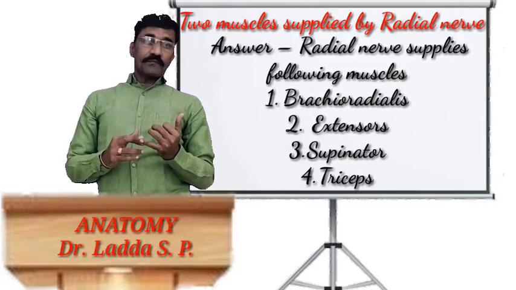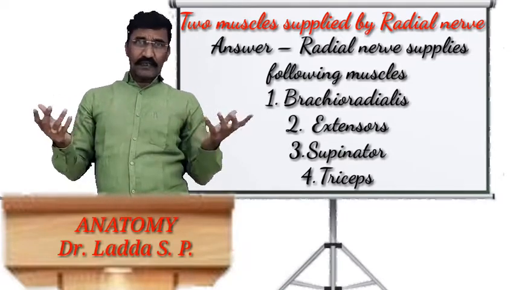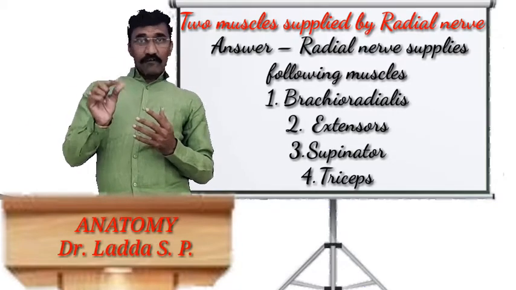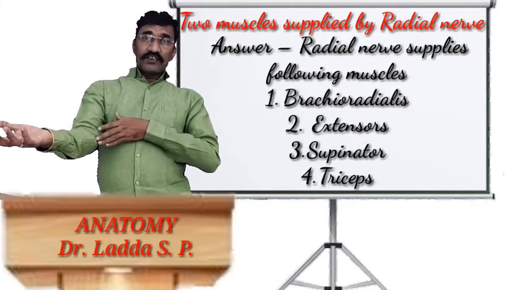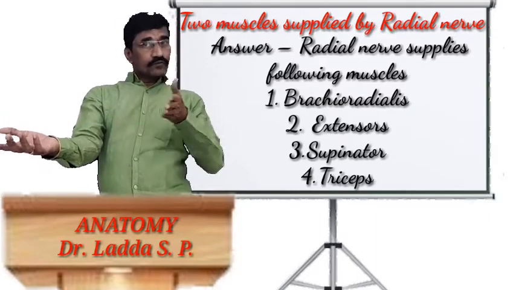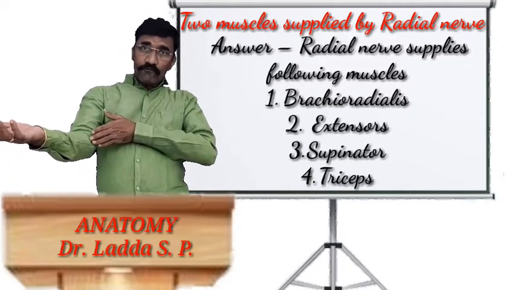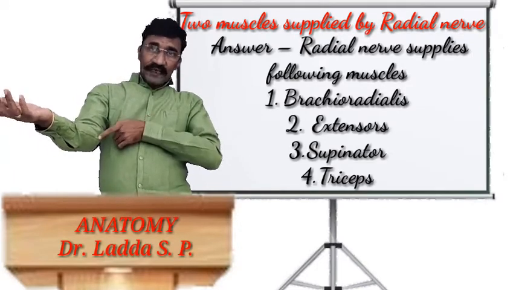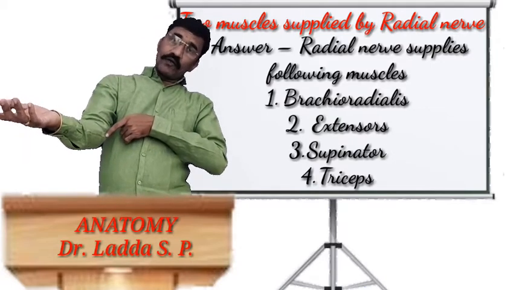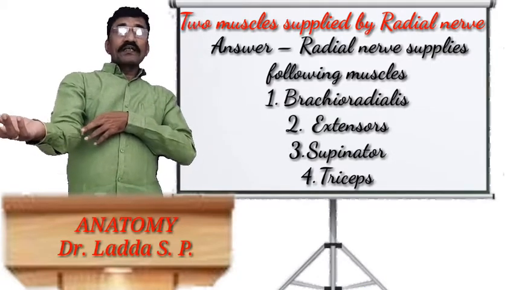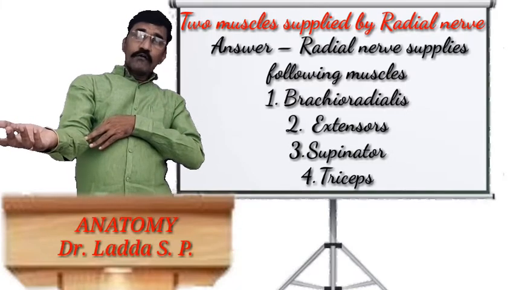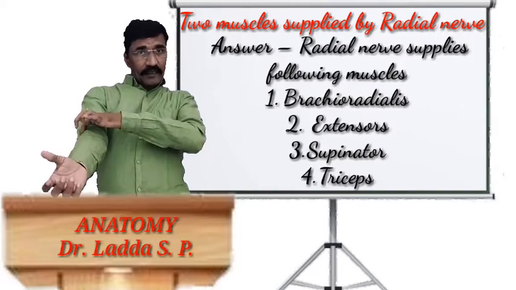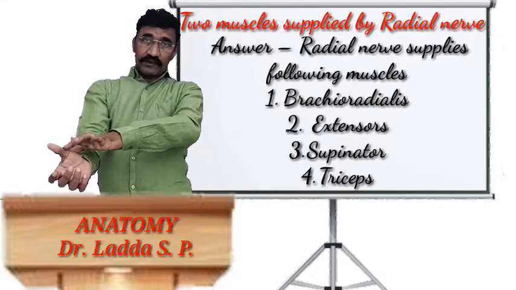FM Mirchi and FM 94.5 and all we are listening to. So you can take the FM to remember which side gives origin to which group of muscles. F flexor, M medial. So the medial part, rather you can say medial condyle, gives origin to the flexor muscles, and the lateral part gives origin to the extensor muscles.